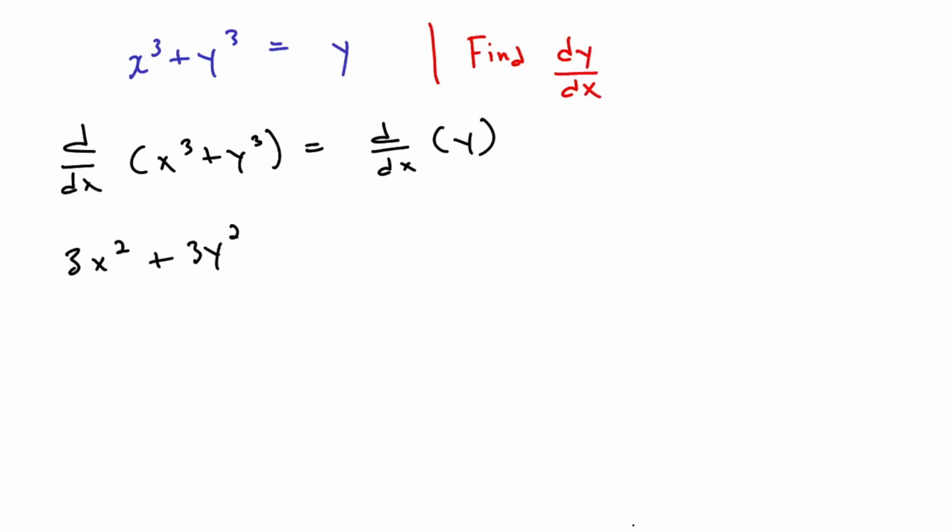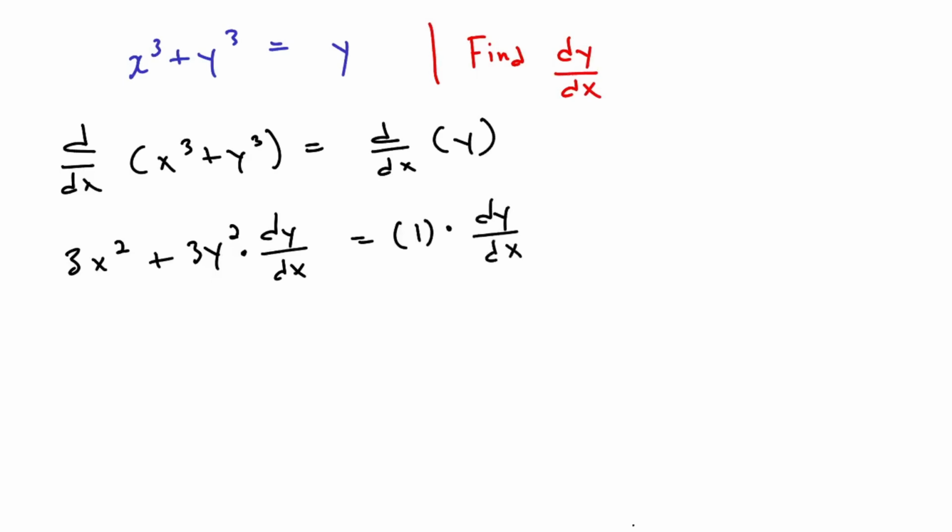But something important to understand about implicit differentiation is that whenever we're taking the derivative of something with y in it, we just have to multiply it by dy dx, and that's it. Same thing here, we have y again, so the derivative of y is just going to be 1, but you're going to be putting dy dx because you took the derivative.